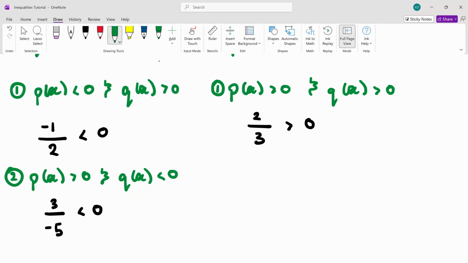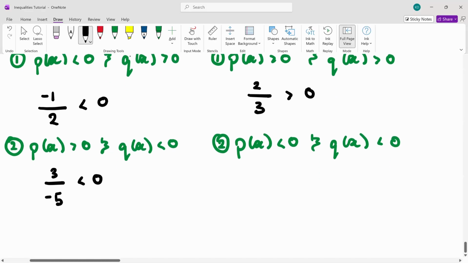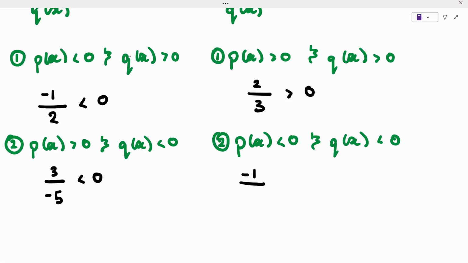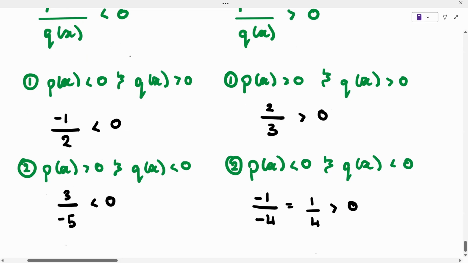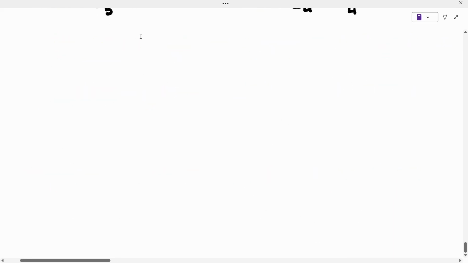The second way is if p of x is less than 0 and q of x is also less than 0. Let's say we had minus 1 divided by minus 4. That is equal to 1 over 4, which is, of course, greater than 0. So these things here we're going to use to solve rational inequalities, and I'll show you how now with this example.